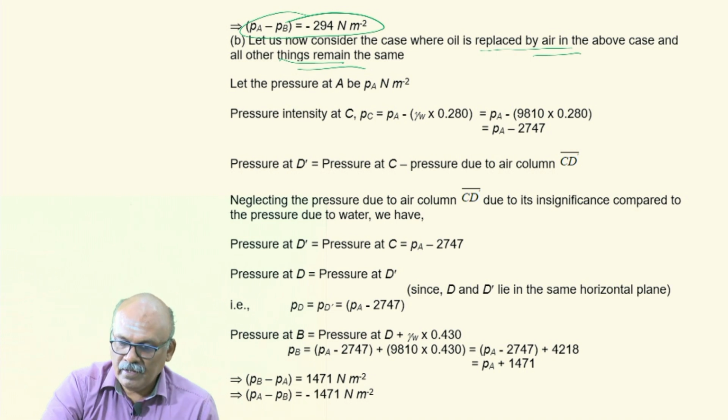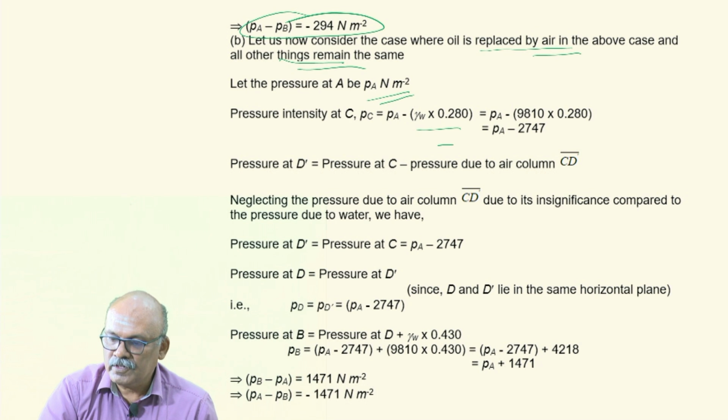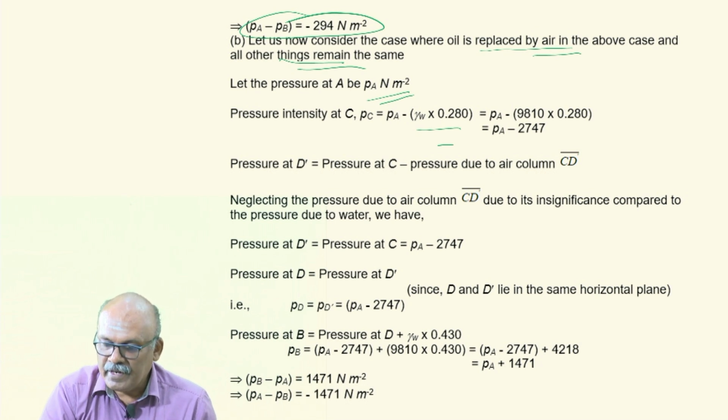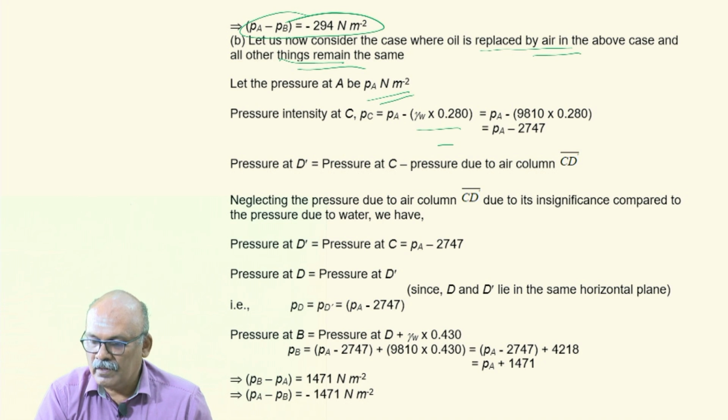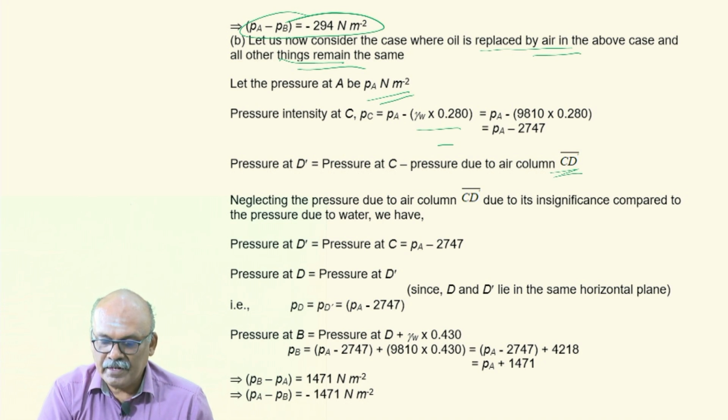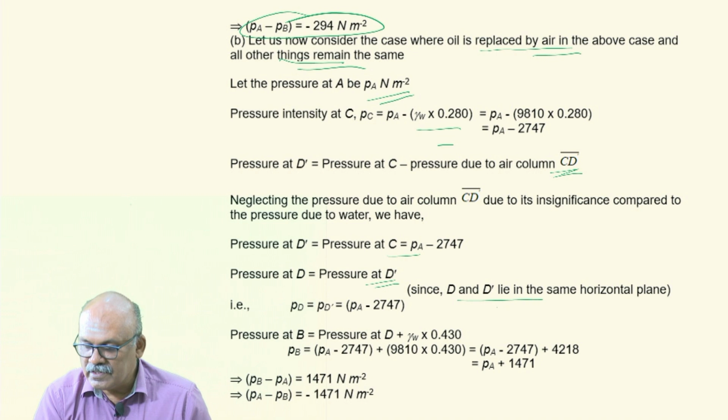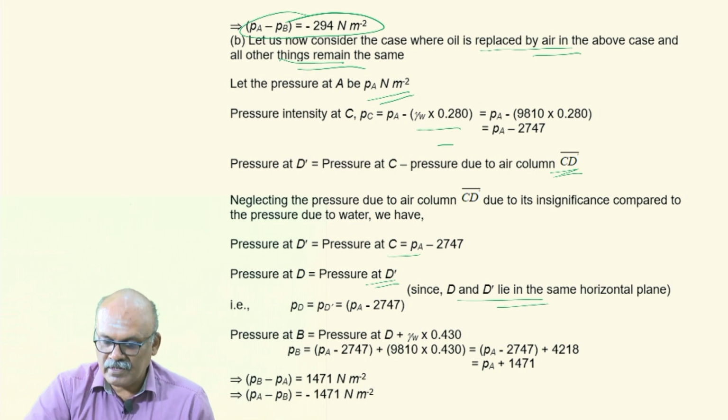So, pressure at A, Pa Newton per meter square, pressure at C this much, then pressure at D dash, again you are neglecting the air column in CD. So, pressure at D dash is equal to pressure at C minus 2747, then pressure at D is equal to pressure at D dash because D and D dash lie in the same horizontal plane. So, there is no difference up to this point.